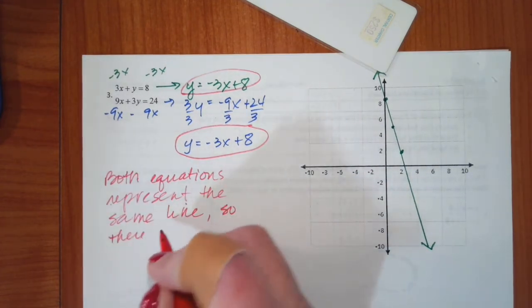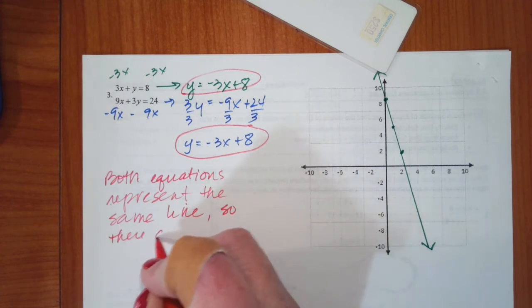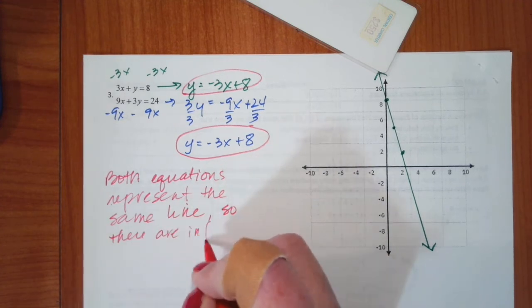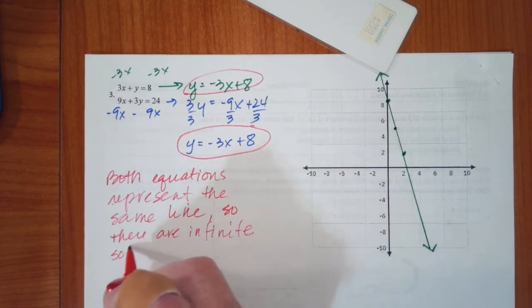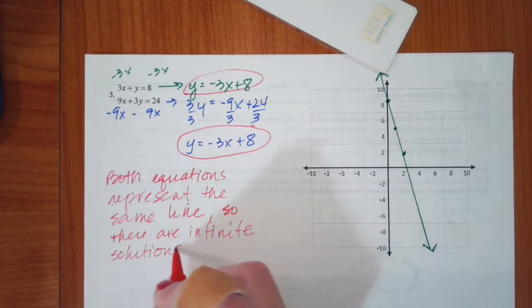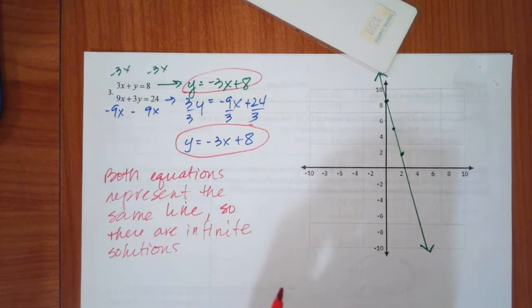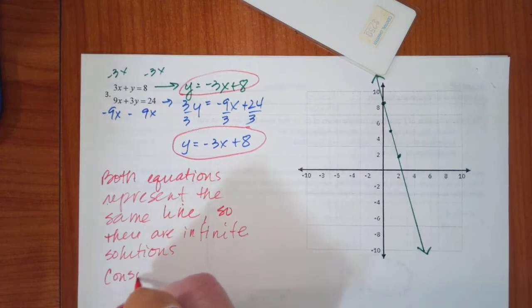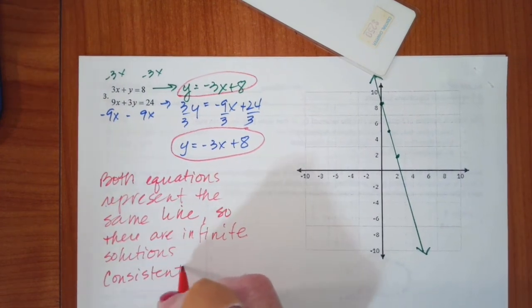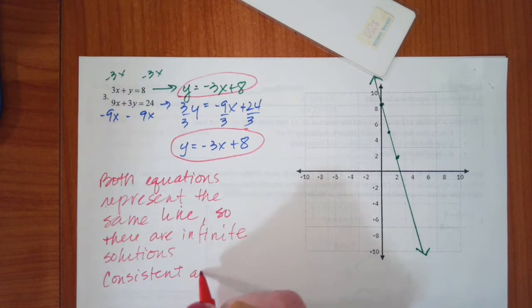So there are infinite solutions. And if I look back on the front, it says if there is more than one solution, this is consistent and dependent.